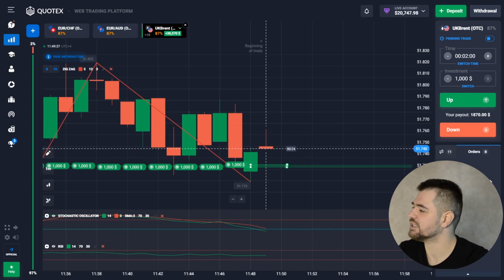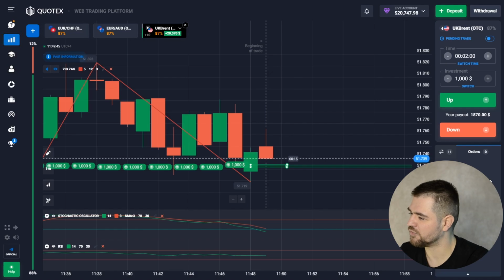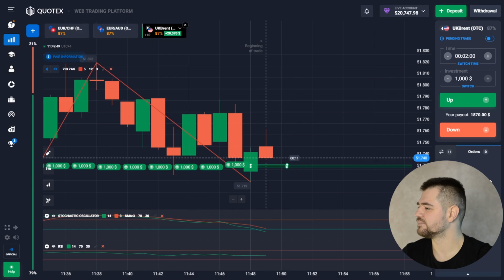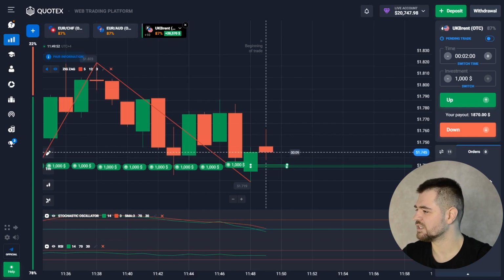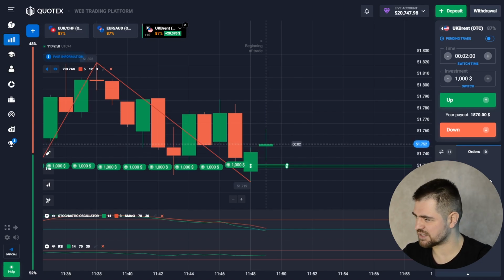So this is the situation, and hopefully 2 minutes won't be too long for it. Hopefully it's gonna work out, but I'm thinking it will at this point, because it's pretty volatile, this asset, I must say.